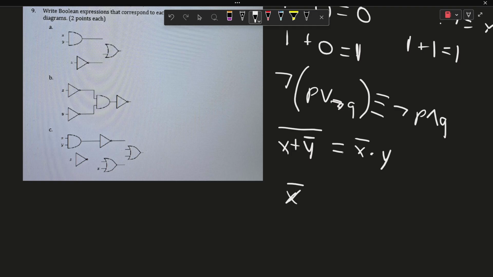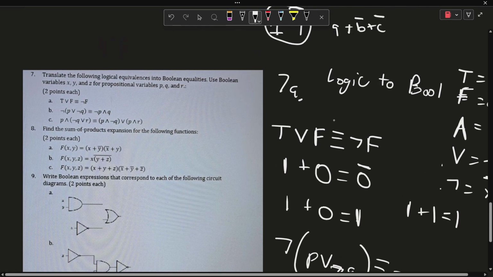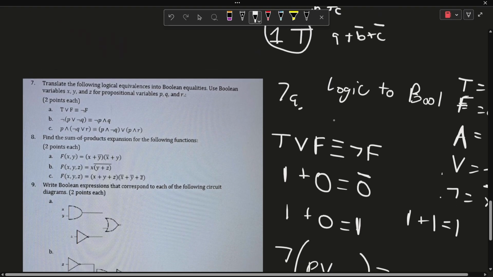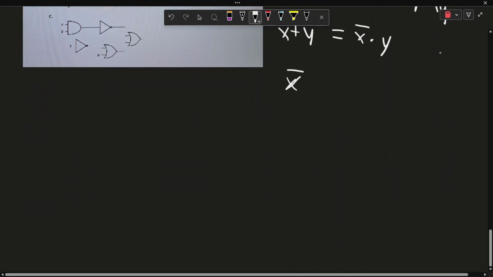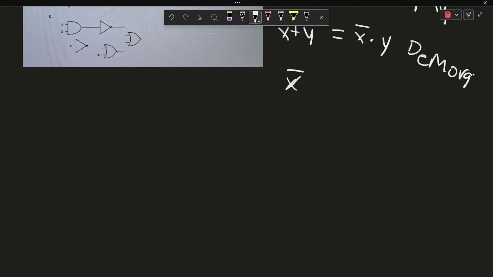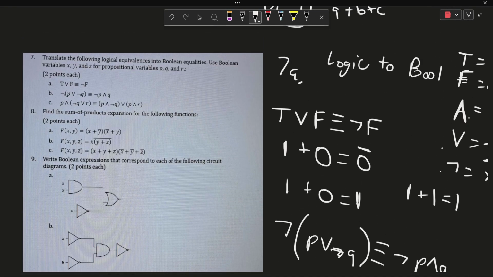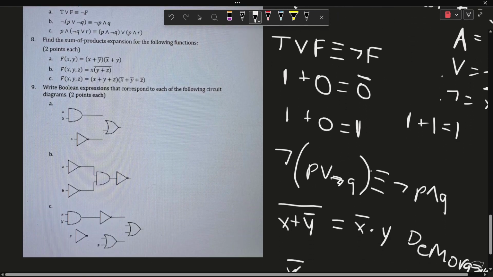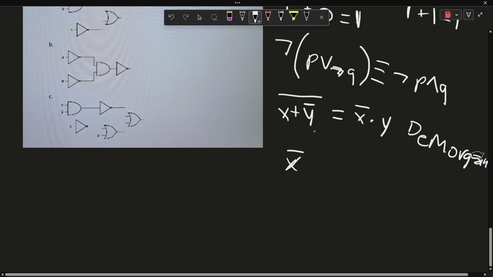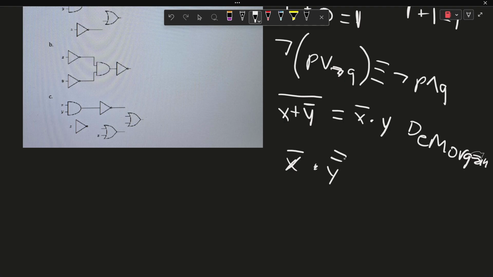Now, I don't know if it wants you to say what makes it true, but I can write De Morgan's. And then that's X not times Y not, which is equal to X not times Y.